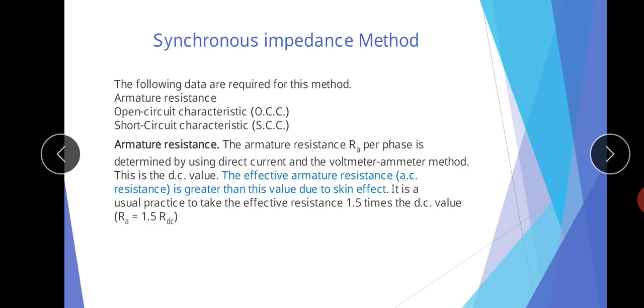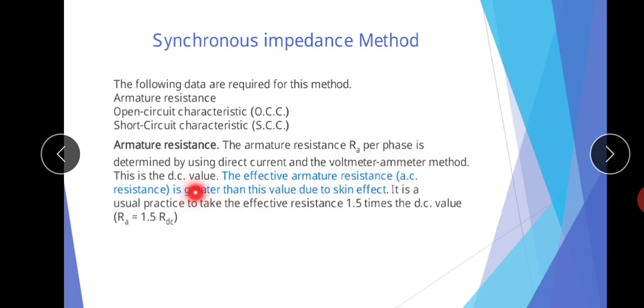For this, the following data are required: armature resistance, open circuit characteristics and short circuit characteristics. Now, what is armature resistance? The armature resistance Ra per phase is determined by using direct current and the voltmeter-ammeter method.